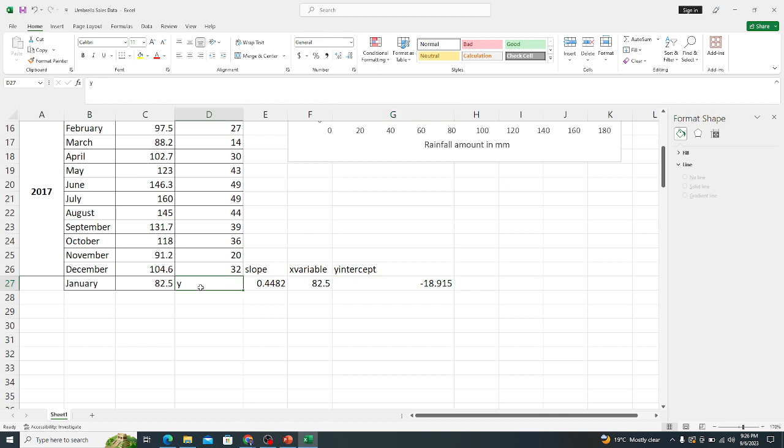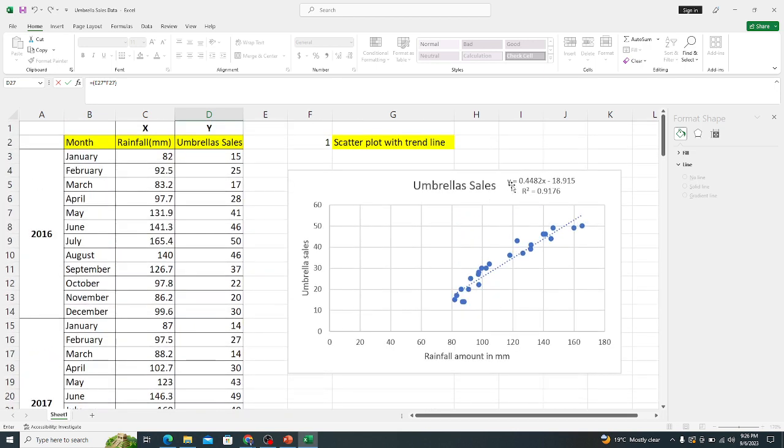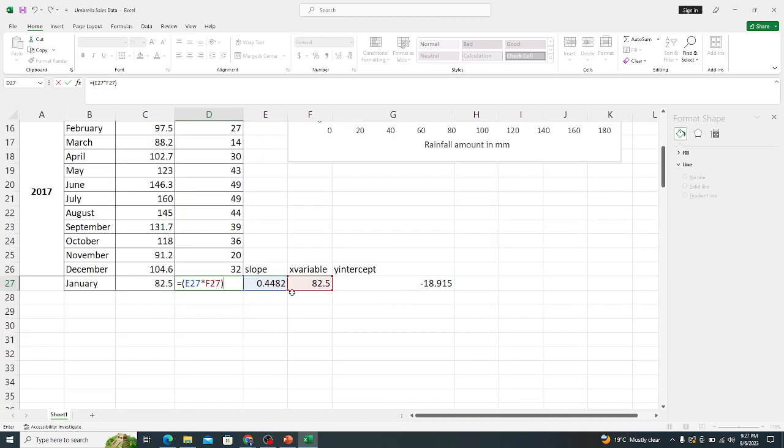So let's calculate, or let's project our umbrella sales. Our umbrella sales will be equal to the slope, we can even put it in brackets, multiplied by the x variable, then we can close. So in this case we have 0.4482x. We have the slope and the x variable.